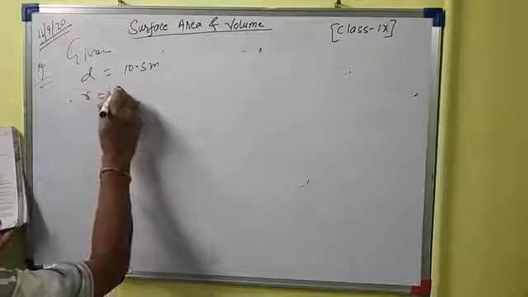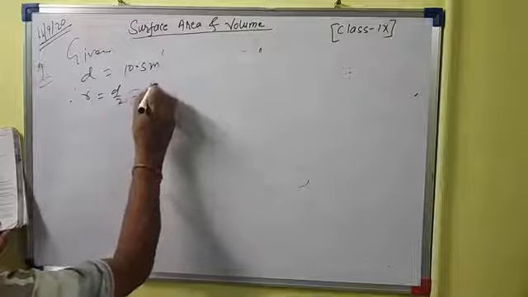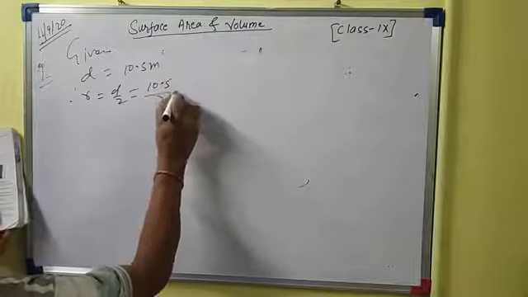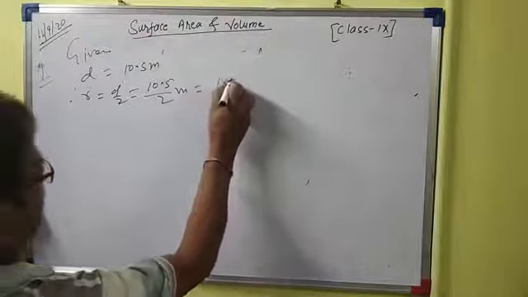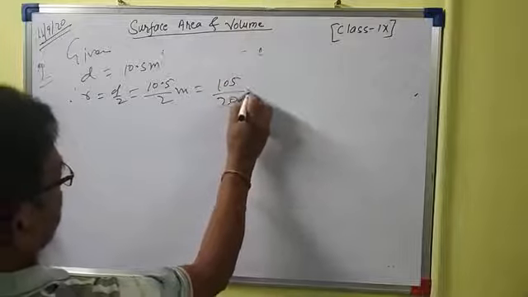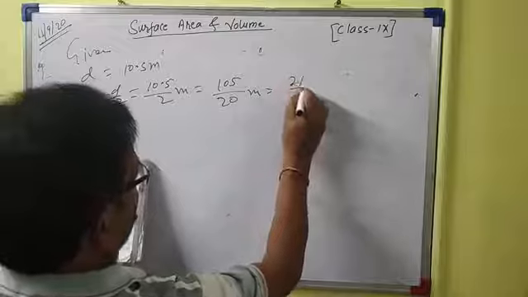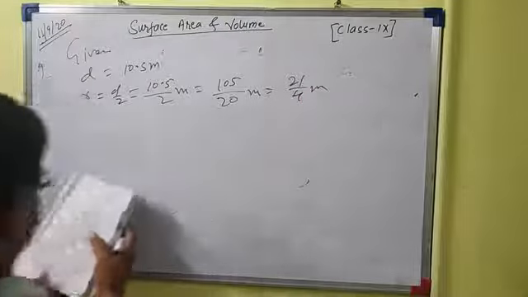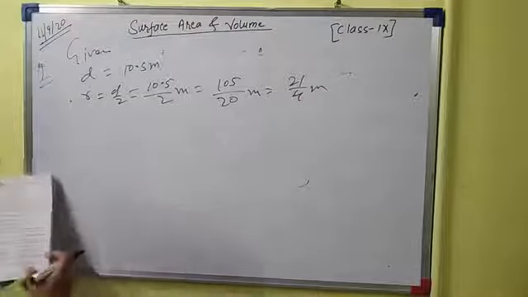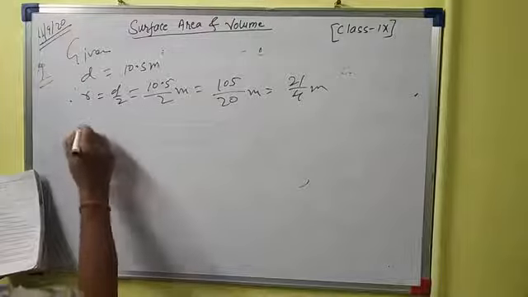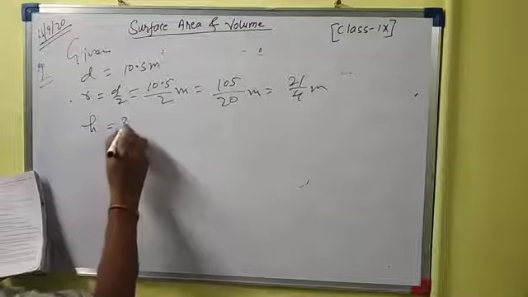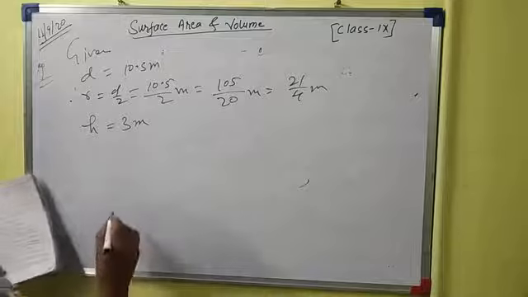Therefore, r is equal to D by 2, 10.5 by 2 meter, 105 upon 20 meter equal to 21 by 4 meter. The height h is equal to 3 meter. Find its volume.